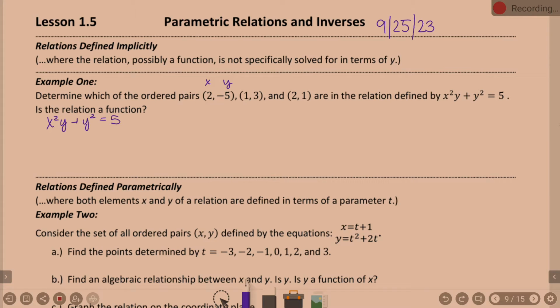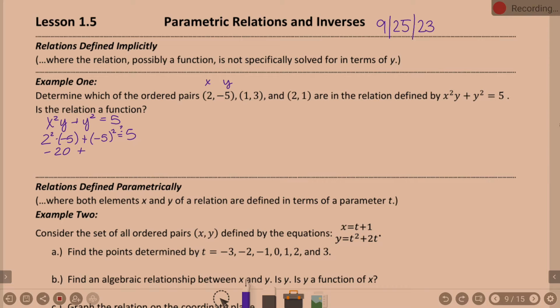So plug them in. If we try it with the first one, 2 squared times negative 5 plus negative 5 squared equals 5? This is where I say, question mark. Does it equal 5? Do some math. 2 squared is 4, times negative 5 is negative 20.